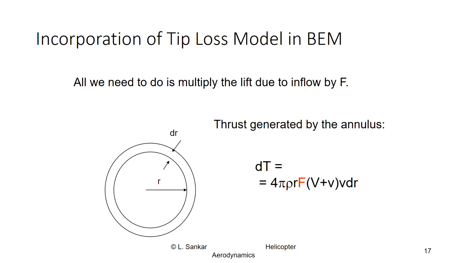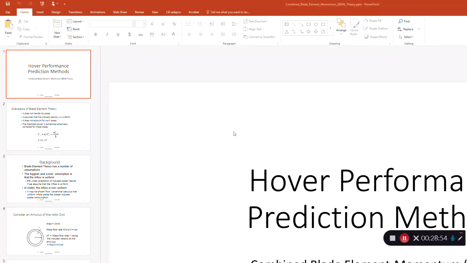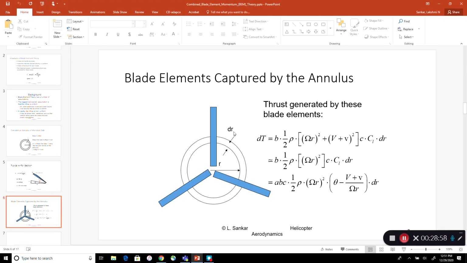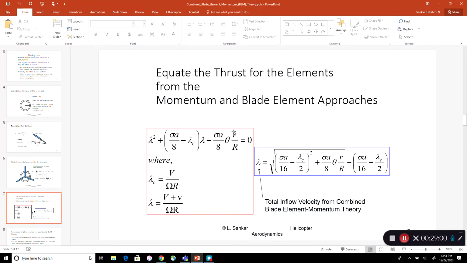We know that the tip is not going to produce any lift, so we multiply the dT of lift produced by each ring by F. F will smoothly go from 1 to 0 at the tip, therefore the thrust produced at the tip region will be 0 automatically. If you build that in, then you get a combined expression for the inflow. So that's the combined inflow model that we will use.